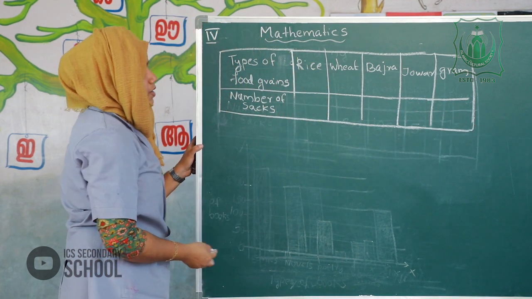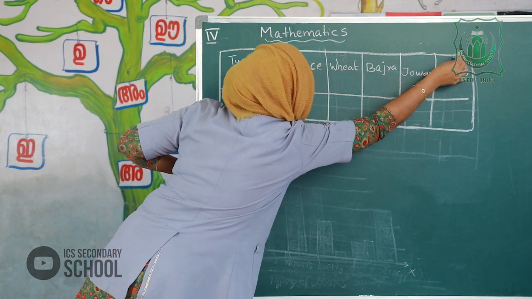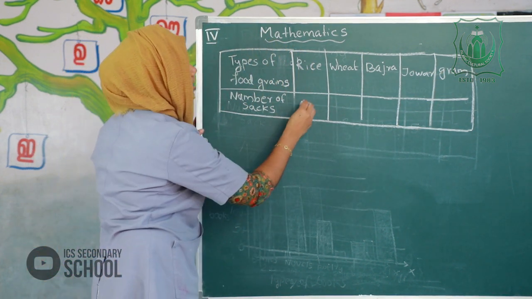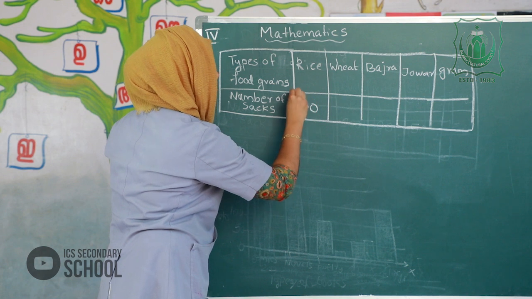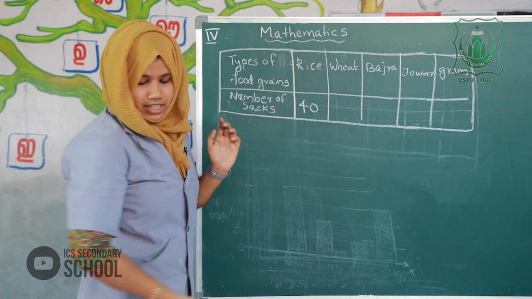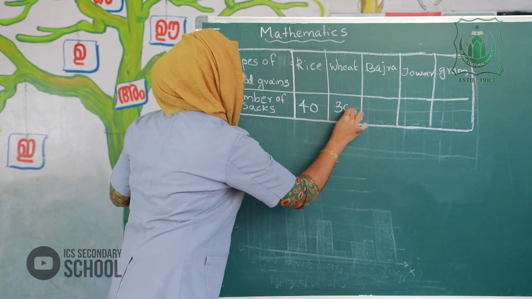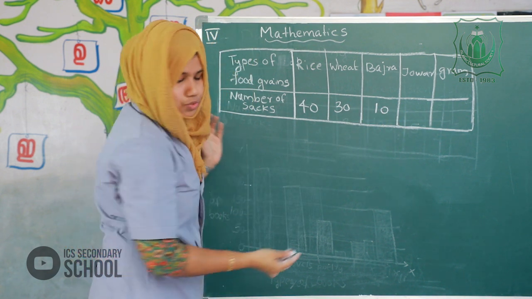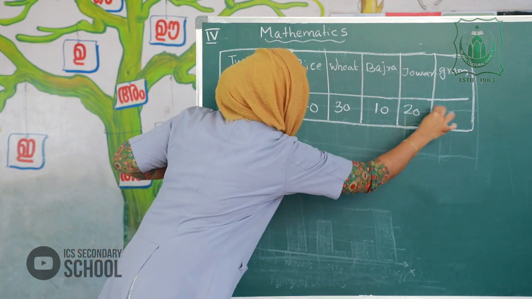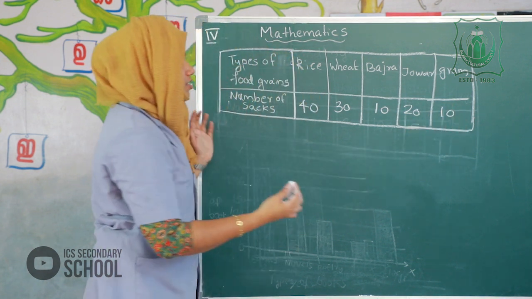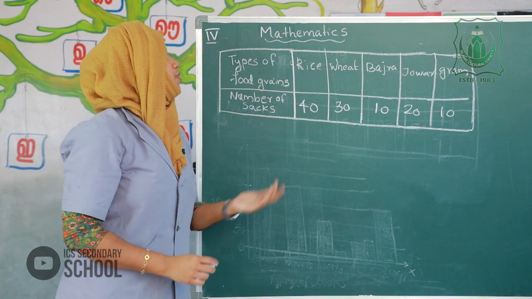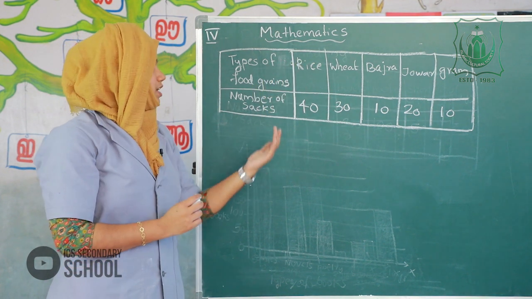Okay, so how many rice? 40 sacks. And wheat is 30, 10, 20 and 10. Okay, this is the information about the type of food grains and the number of sacks.